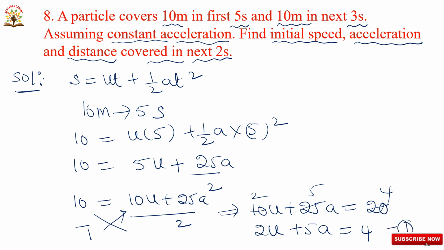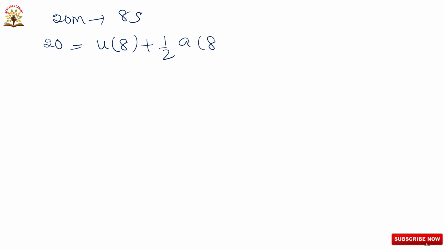So next, the particle covers 10 meters in 3 seconds and the next 20 meters in 8 seconds. So 20 meters is the distance covered. In place of S we write 20, that is equal to u times 8 plus half a into 8 whole square.